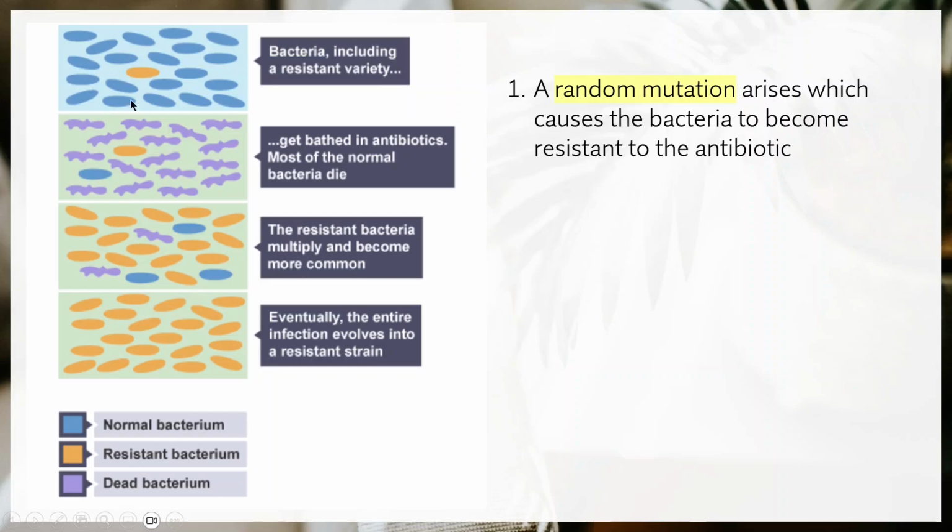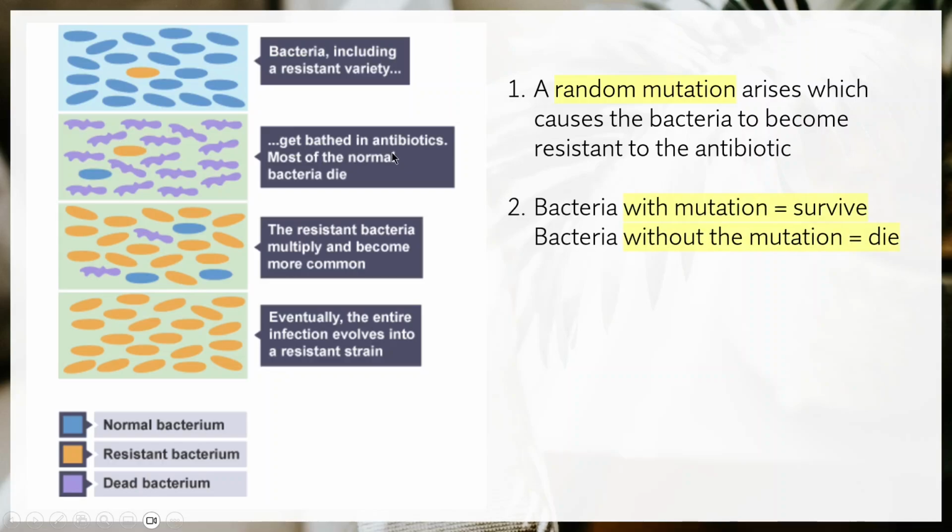When they become exposed to the antibiotic, most of the normal bacteria would die, which would leave maybe some of the normal bacteria to survive, and the antibiotic-resistant one, which is the orange one, would survive. As you can see here, bacteria with the mutation would survive, and bacteria without the mutation are more likely to die. And then what happened is that, well, now they have more space to grow and multiply, right?